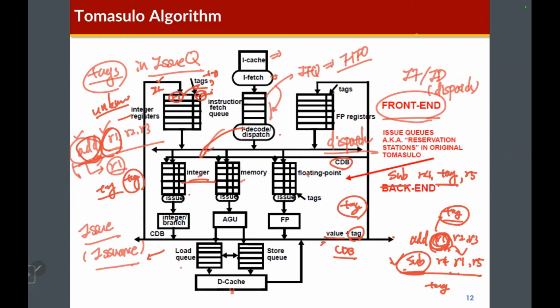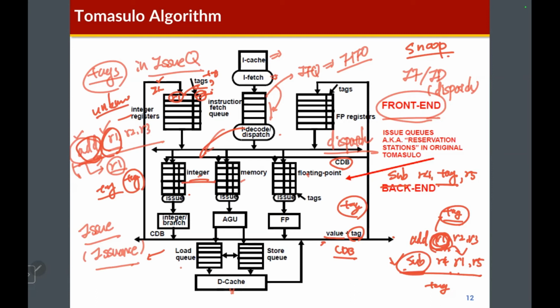This process is called snooping. The information is delivered via the same common data bus, then every tag in the issue queues and register files is checked. It's a snoop.